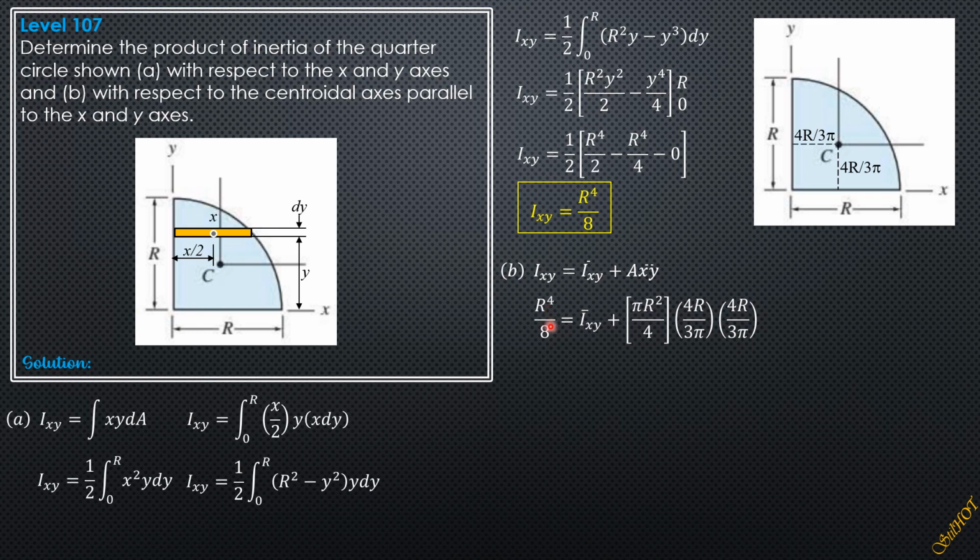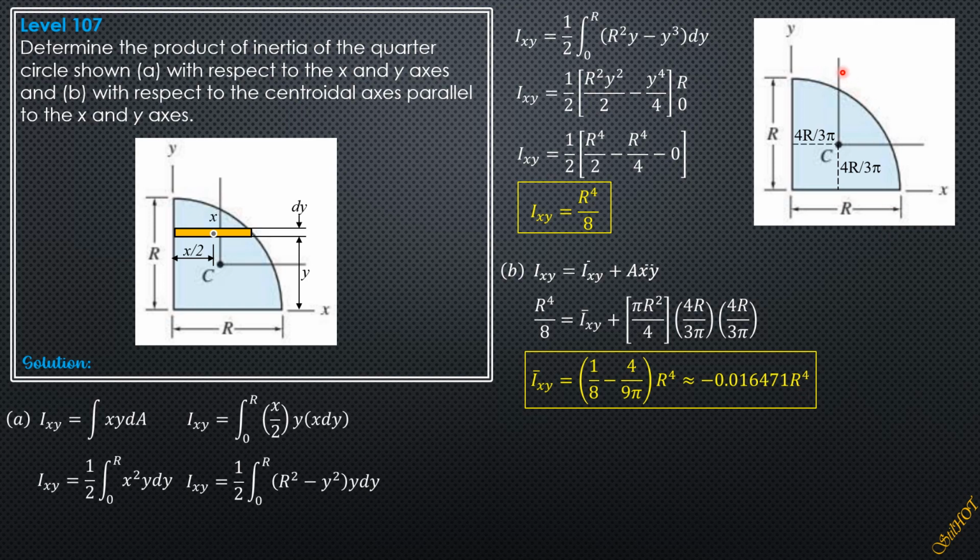So take note that the left side term is like the second term on the right, r to the 4th. So I barred xy is quantity 1/8 minus, cancel pi, 4 over 9 pi, times r to the 4th, and in decimal that is negative 0.016471 r to the 4th.